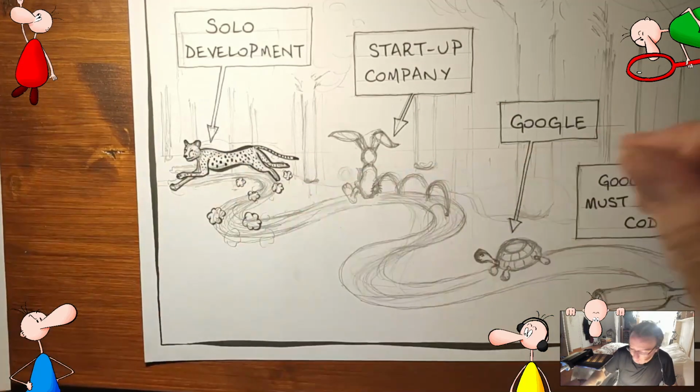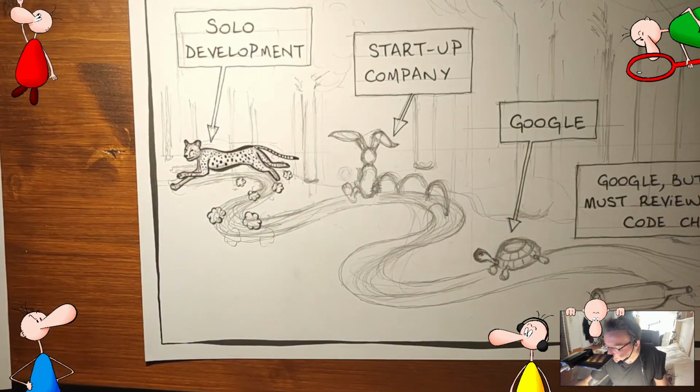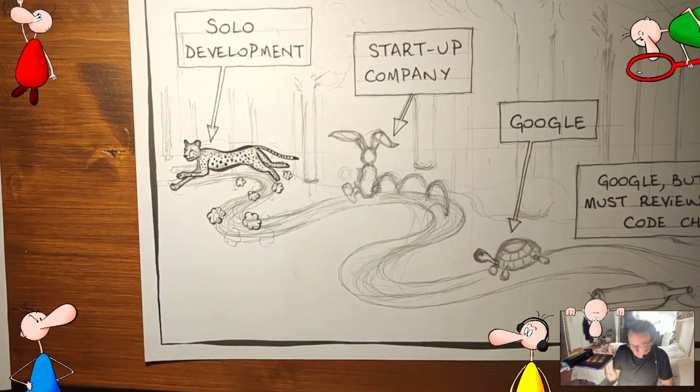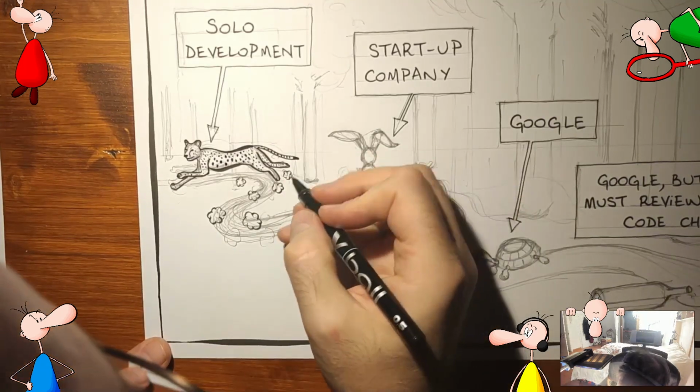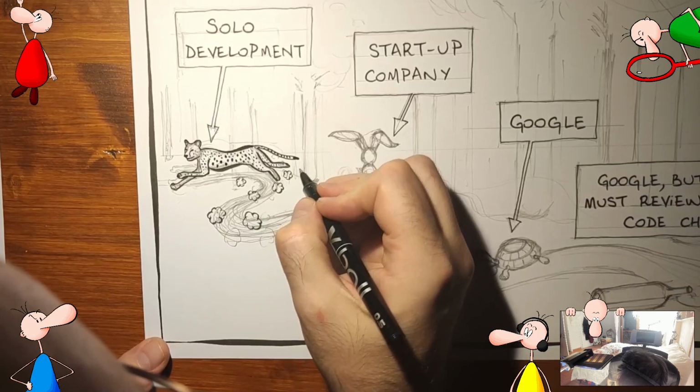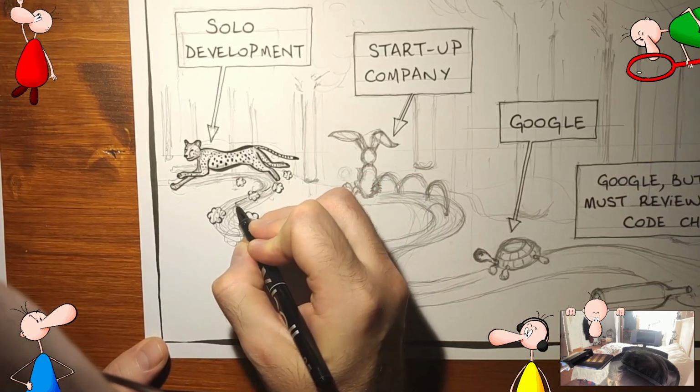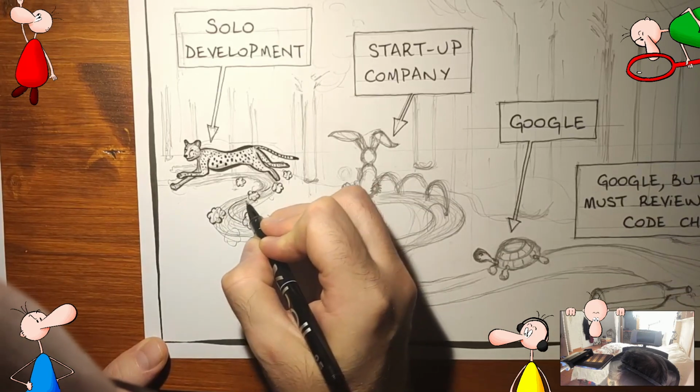I think I also need to get some movement lines, because otherwise the clouds look a bit messy. They don't look like they really follow the path of the animal.